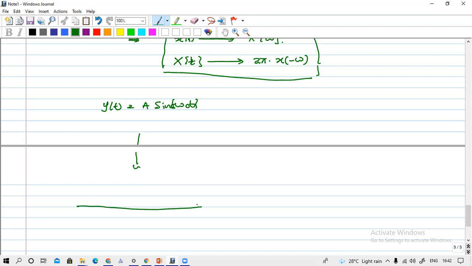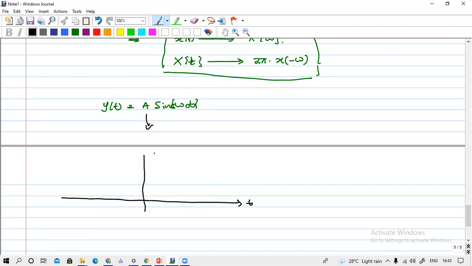In the same way we can draw this signal with respect to t. It is a sinc wave, here it is t, and we have y(t) here. You can see that the amplitude is a.